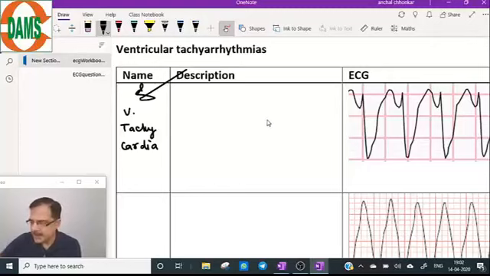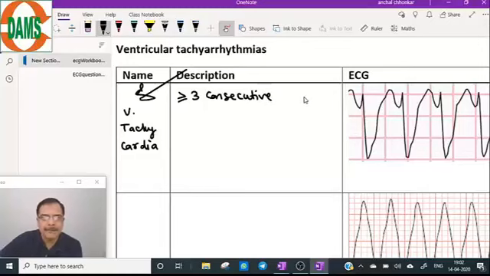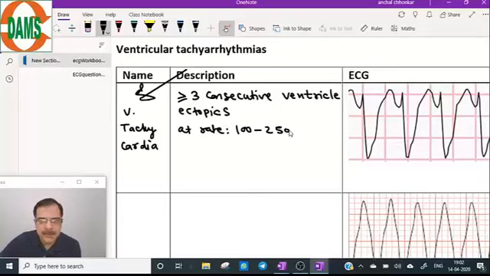So ventricle tachycardia, the description, the definition of ventricle tachycardia is the presence of more than or equal to three consecutive ventricle ectopics at a rate of 100 to 250 per minute.